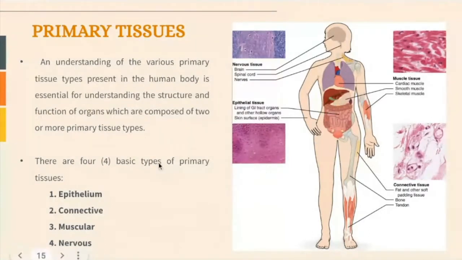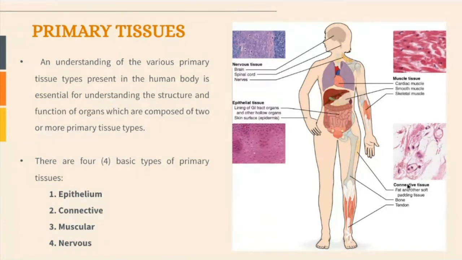We have 4 different types of basic primary tissue, which are epithelium, connective, muscular, and nervous tissue. Nervous tissue is usually located in the brain, spinal cord, and our nervous system. Muscle tissue comprises cardiac muscle that makes up the wall of our heart, smooth muscle that lines different types of organs, and also skeletal muscle.